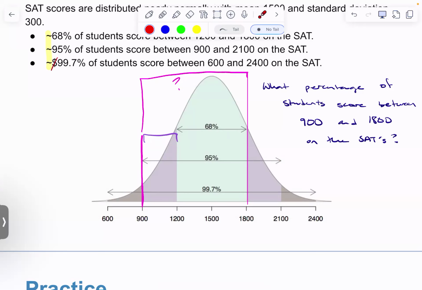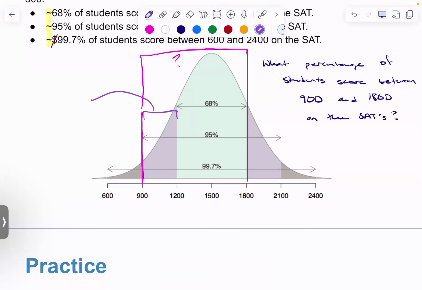So one way that we could find this area is 95 minus 68 divided by 2. Always remember that symmetry. That's the part that trips people up. 95 minus 68 is 27, divided by 2 is 13.5. That's the area that I want. So I've got 13.5% plus 68%, and that adds up to the area that I want.